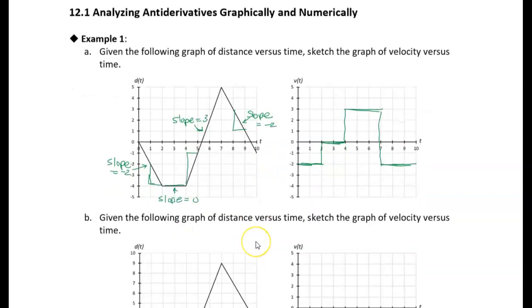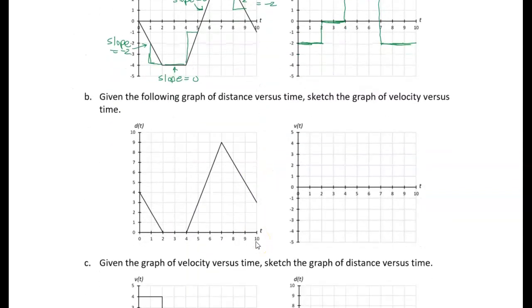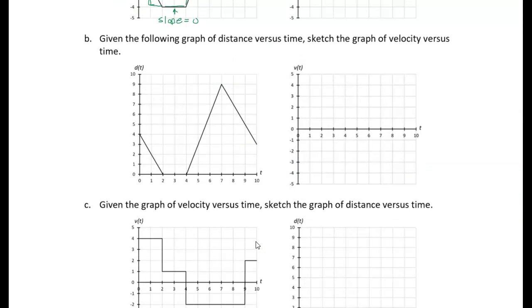All right, so if we look at the next one, we can do the same thing. If you look at it, I'm going to write m for slope. This is a slope of -2. Here's a slope of 0. Here the slope is again 3. And here the slope is -2 again.